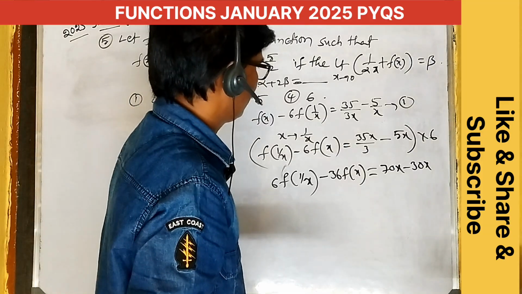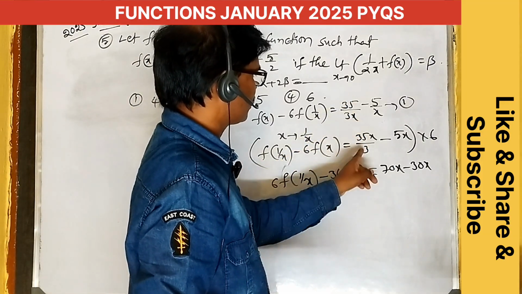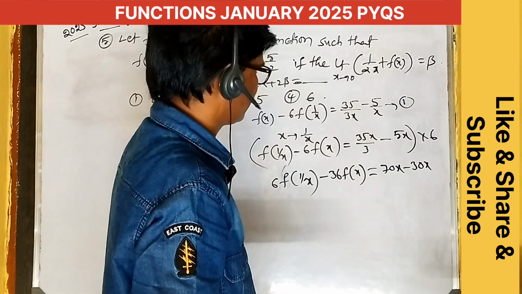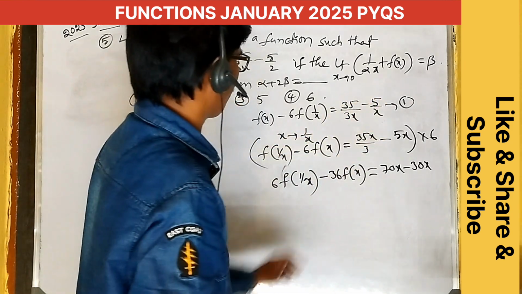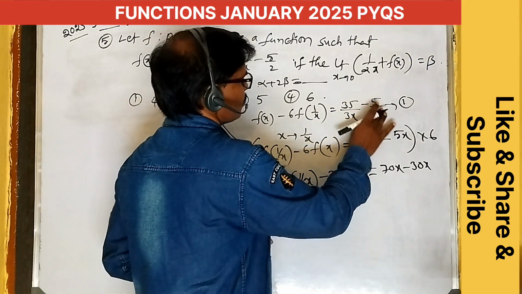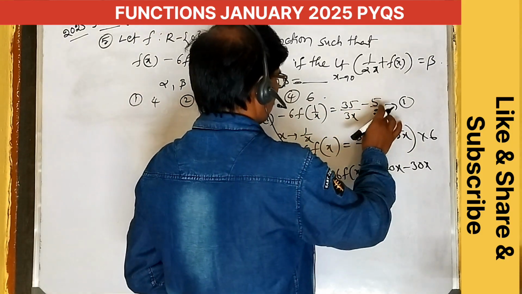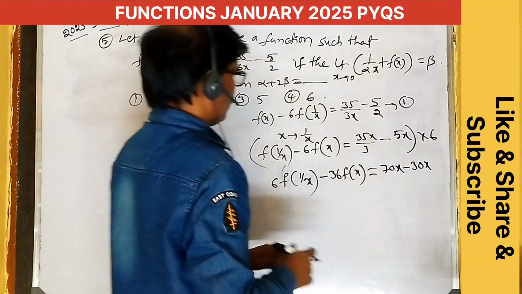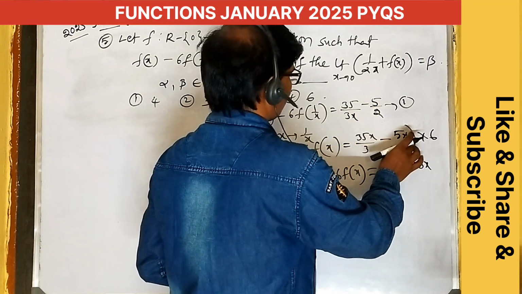The 35 by x with x replaced by 1 by x means 70x, and 5 by x with x replaced by 1 by x means 5x. Sorry, this one is 5 by 2. Here multiplied with 5 by 2, what is this one?